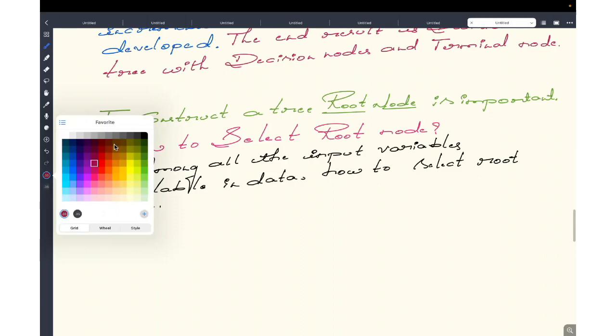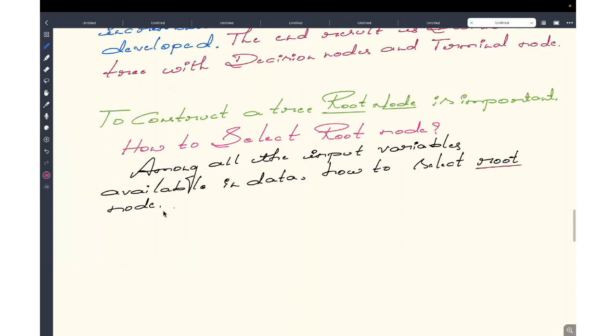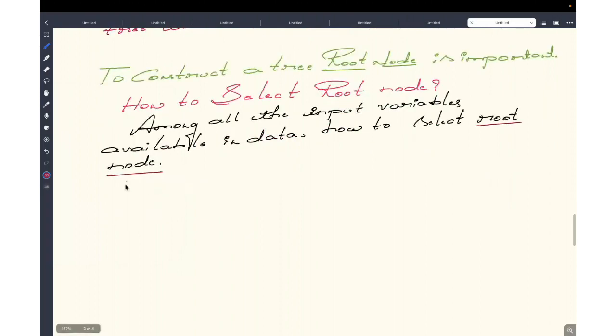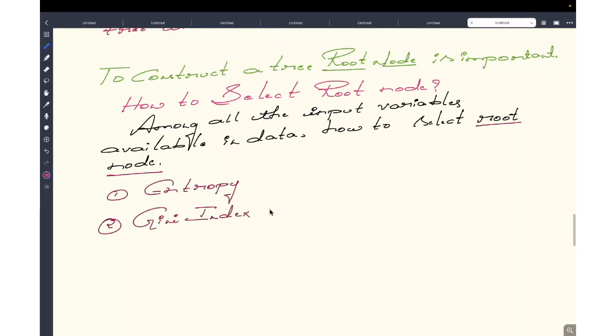In order to do that, we have two different concepts. The first method is entropy. The second method is a concept called the Gini index. Entropy and Gini index are the two methods which help you decide the root node among all the input variables available in our data.